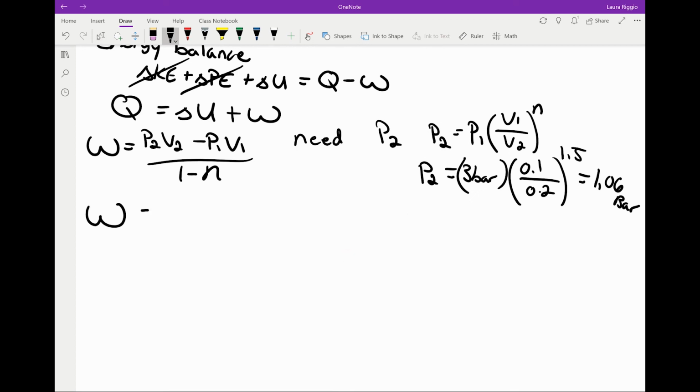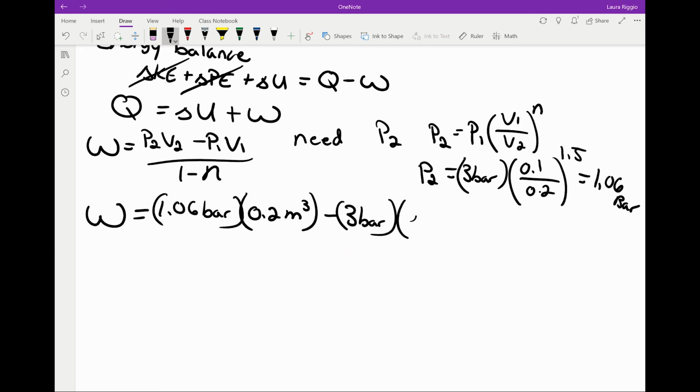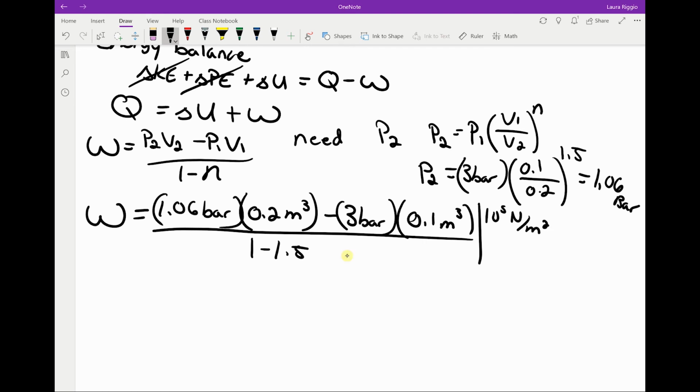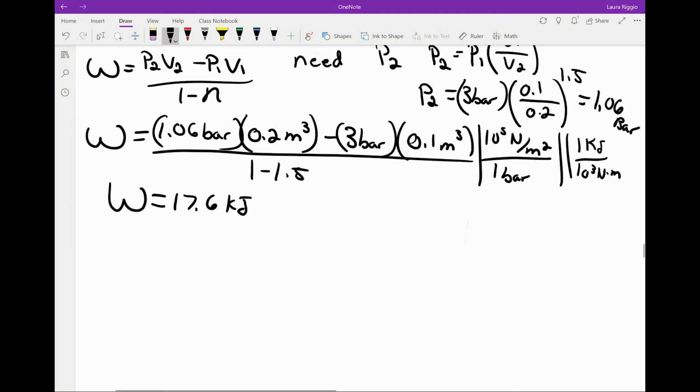So our work is equal to 1.06 bar times 0.2 meters cubed minus 3 bar times 0.1 meters cubed, divided by 1 minus 1.5. I'm going to correct our units, 10^5 newtons per meter squared for 1 bar, and 1 kilojoule is 10^3 newton meters. We're going to get that our work is equal to 17.6 kilojoules.